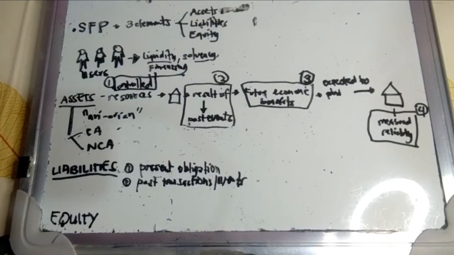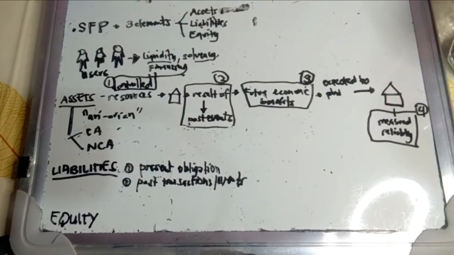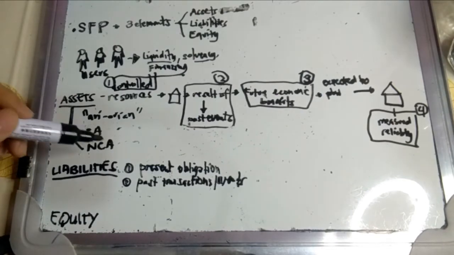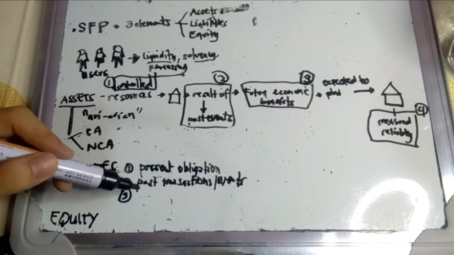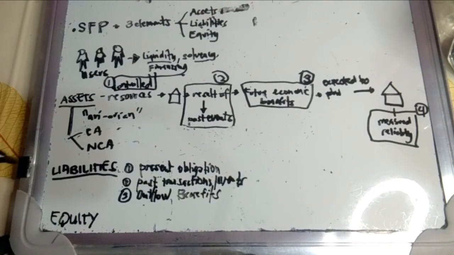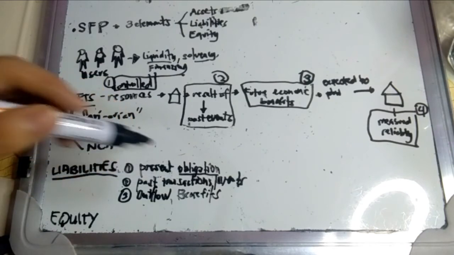A liability must be a present obligation, number 1. Number 2, it must be a past transaction or events. Number 3, the settlement of liability requires an outflow. Yun yung mga criteria, ulitin natin. It must be a present obligation, meaning isa siyang utang as of the moment.